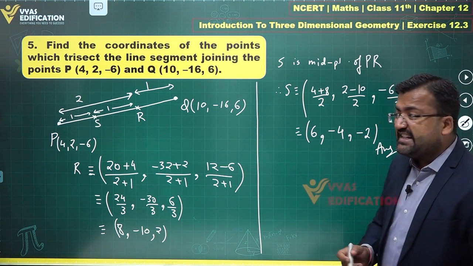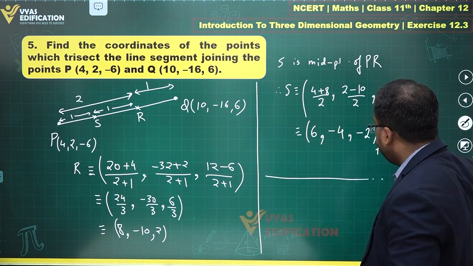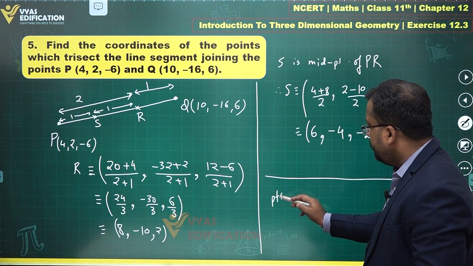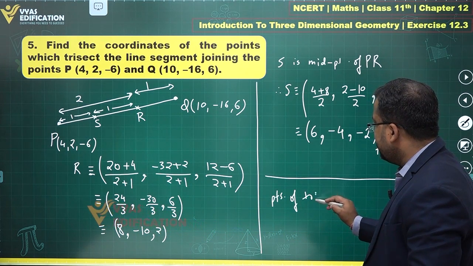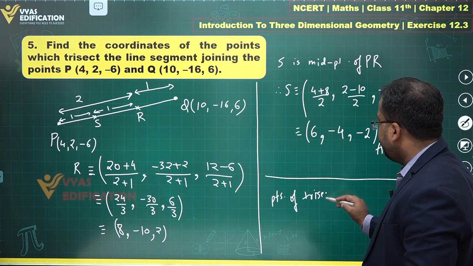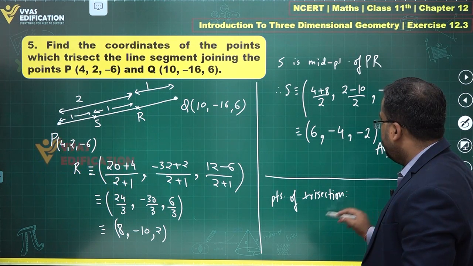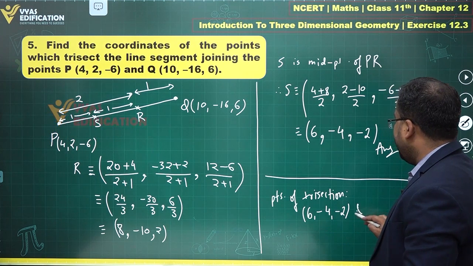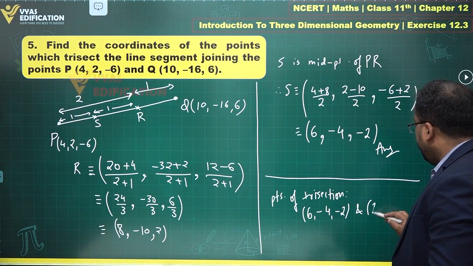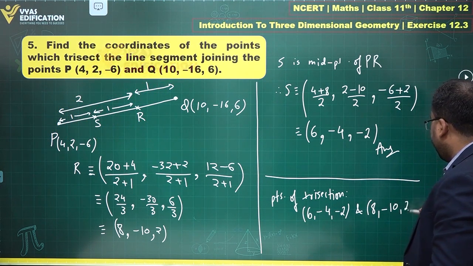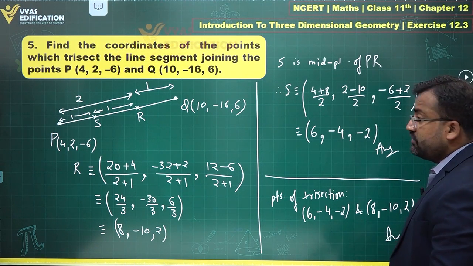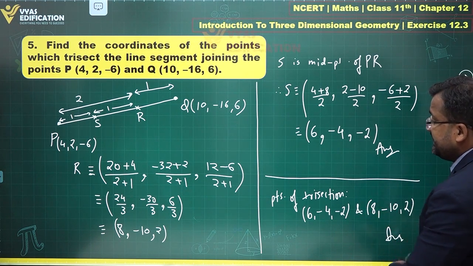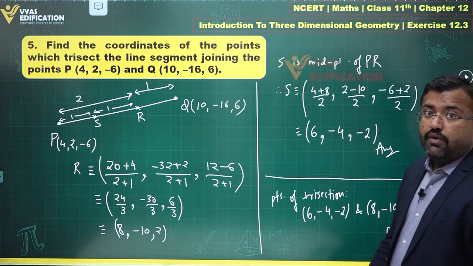So the points of trisection will be (6, -4, -2) and the other one (8, -10, 2). That's my required answer for this question, as you can completely see the solution over here.